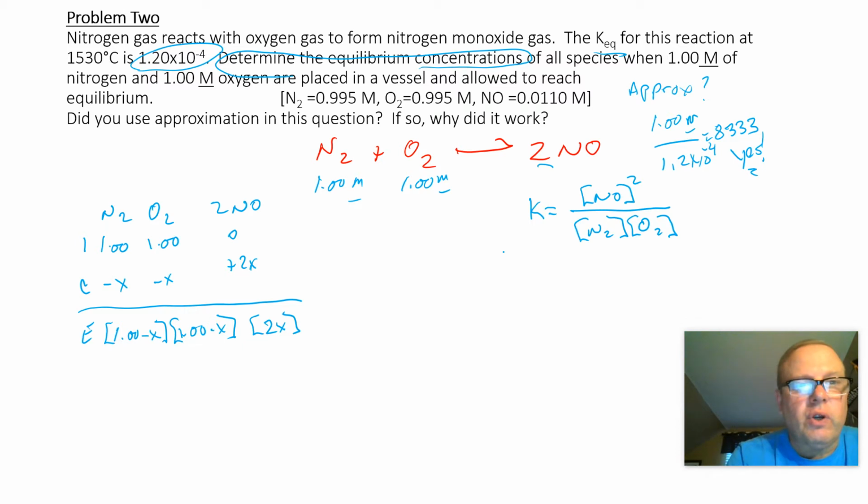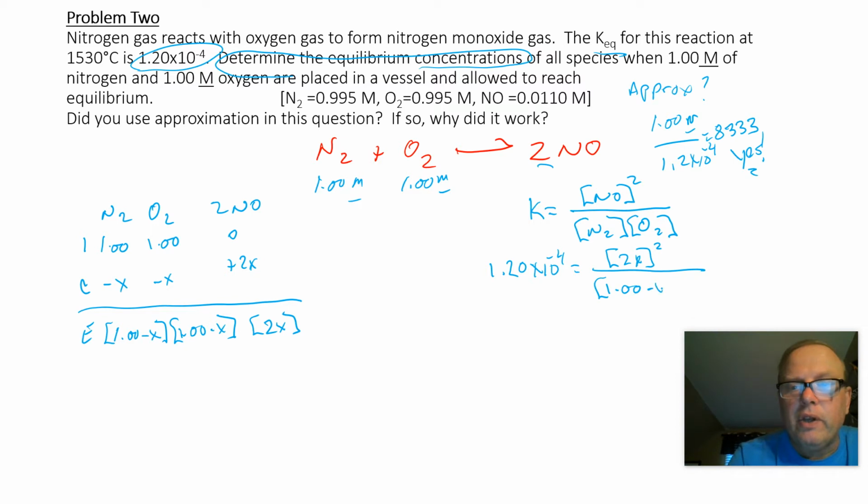So K equals this value. K is given in the question as 1.20 times 10 to the negative 4. And that is now equal to 2x squared over 1.00 minus x, 1.00 minus x.